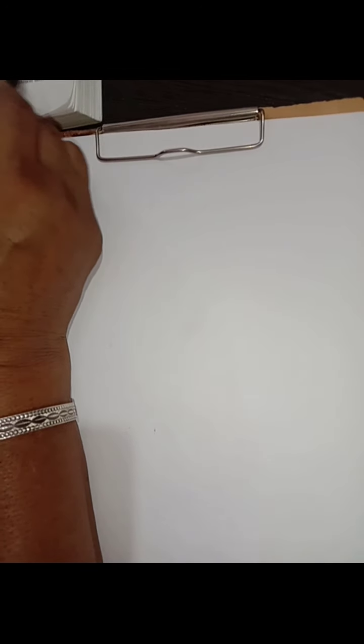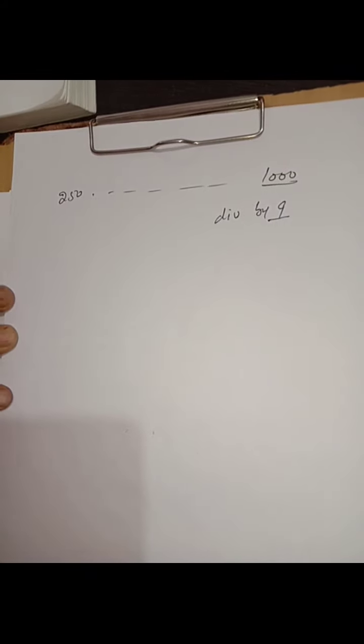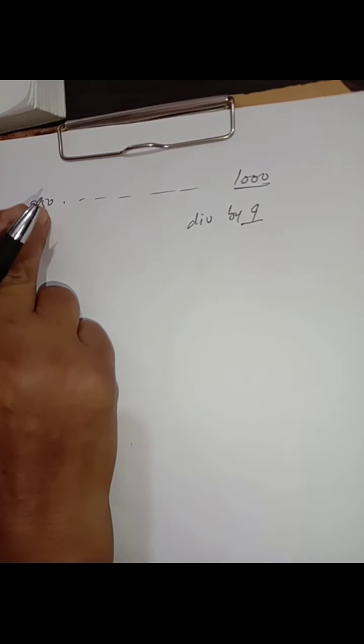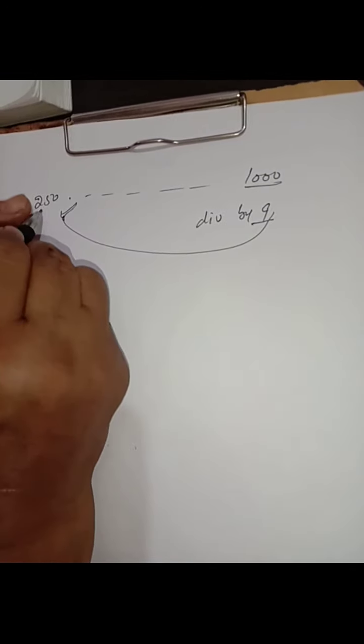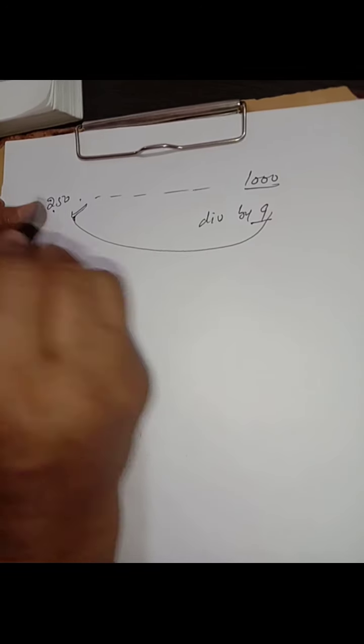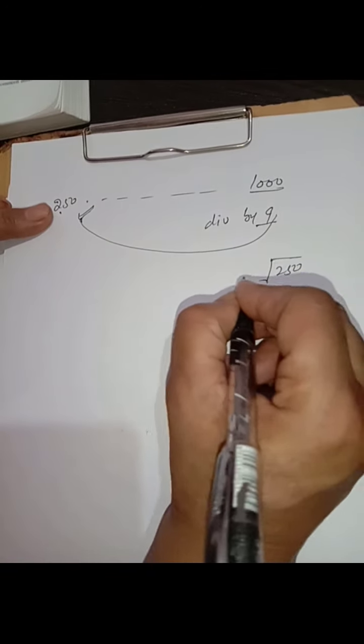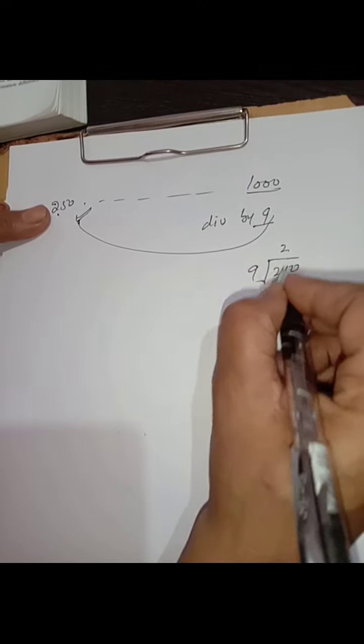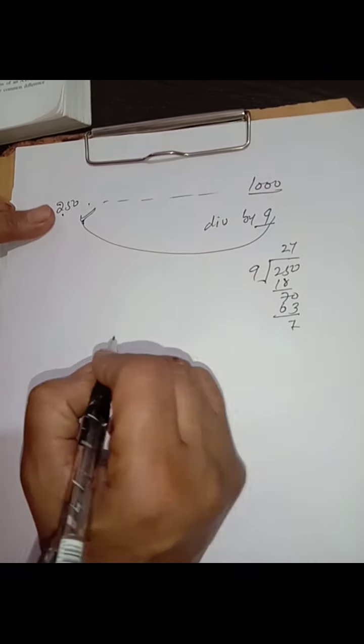Now question number 8: the sum of all natural numbers between 250 and 1000 which are divisible by 9. First of all we will find the smallest number divisible by 9. See how to find: 250 divided by 9. 9 twos are 18, 70; 9 sevens are 63, 7 is the remainder.